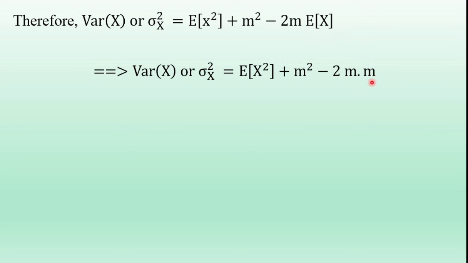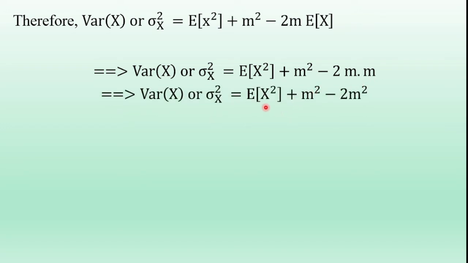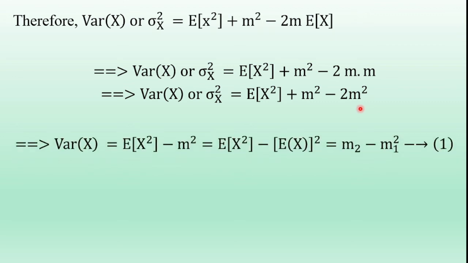So m into m gives m square. So the right-hand side is expectation of X square plus m square minus 2m square, which is equal to expectation of X square minus m square.